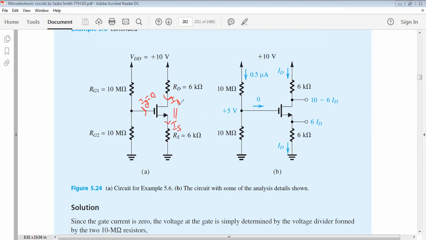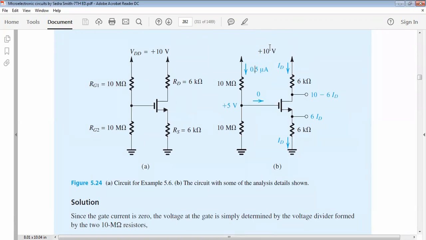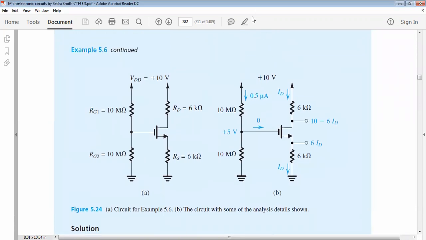Already we know the ID current expression. If the device is in saturation region, one expression; non-saturation region, another expression. Then how to analyze the problem? The problem is almost similar to problem one of the previous video lecture. First thing is we have to simplify the gate network.